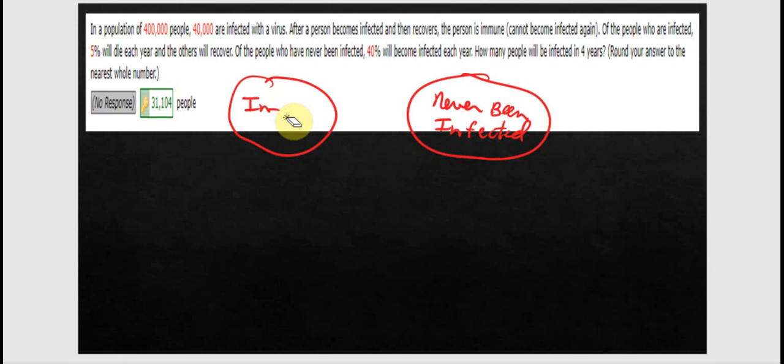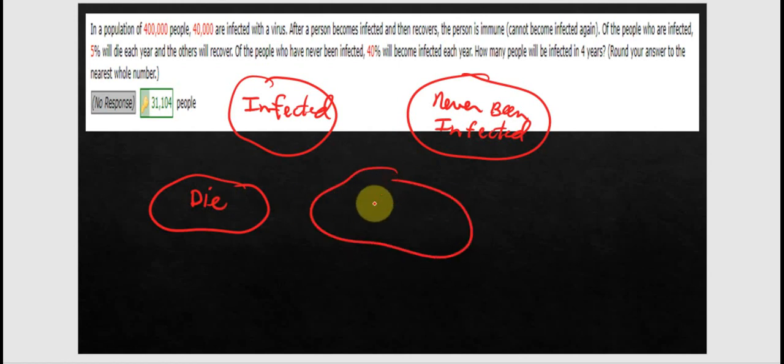I'm still trying to write it. So then you got this group here. Some are dying, and then it says that you have some that are recovering.